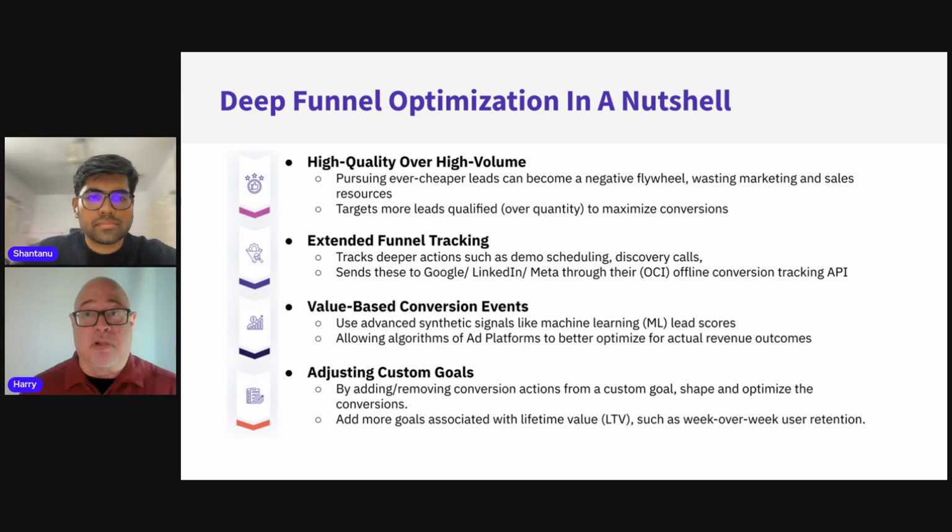The biggest problem with sending value conversions into Google or Meta or any other platform like LinkedIn is if you send the same value for every conversion, say the average value for an MQL, the average value for an SQO, from the machine learning perspective on the other side, you're treating them all the same, and every lead isn't the same.